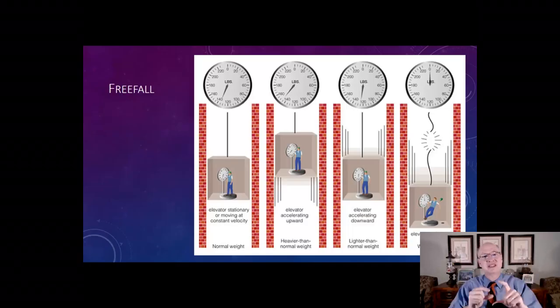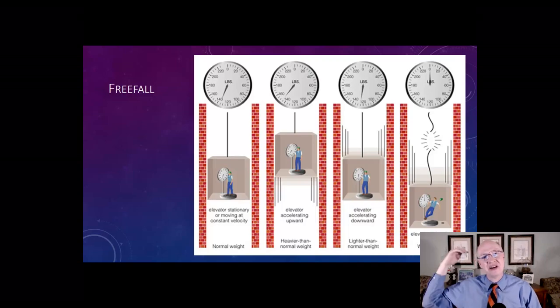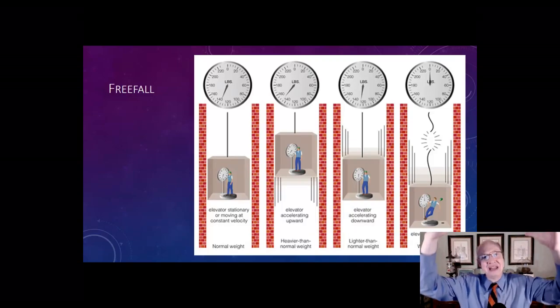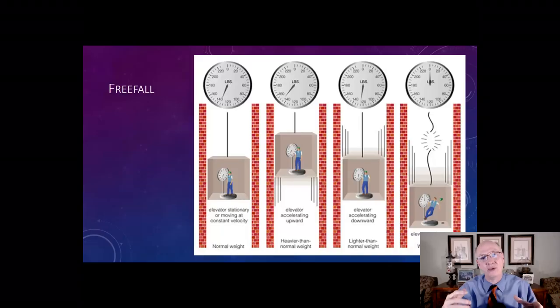And because you're both accelerating downwards at the same acceleration, you're going to float weightless inside the elevator. You're weightless because you're falling. Sometimes we call weightlessness free fall because you can be weightless by falling.